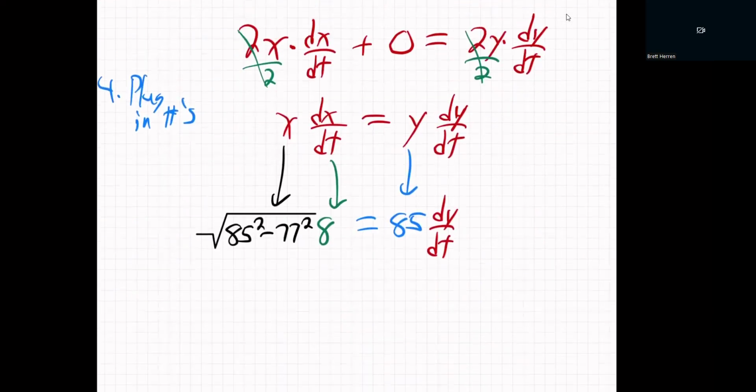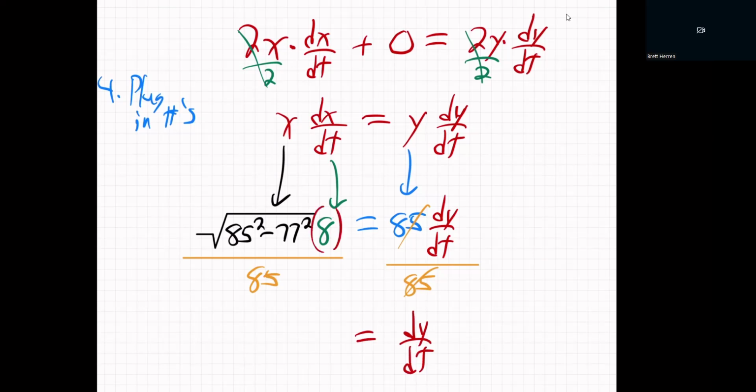Now we can solve for dy/dt. Get that alone by dividing both sides by 85. So dy/dt, we go to Desmos. This is multiplied by 8 outside the square root.